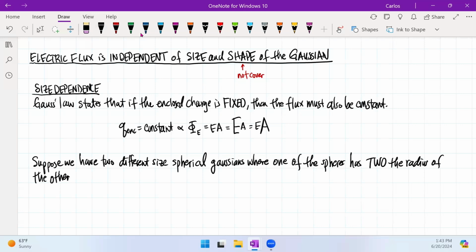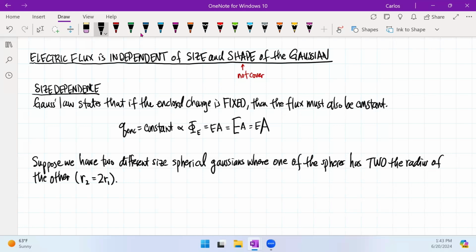So in other words, I'm going to choose, let's say, the second radius to be twice the radius of the first one. So why pick 2? Well, it just makes the numbers come out nicely. That's all. I could have picked 3, but the numbers don't come out as nice. So it's not a big deal.